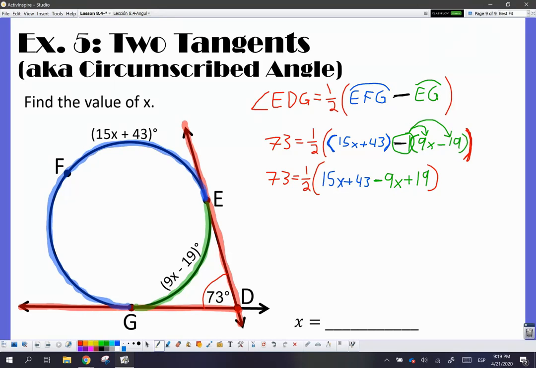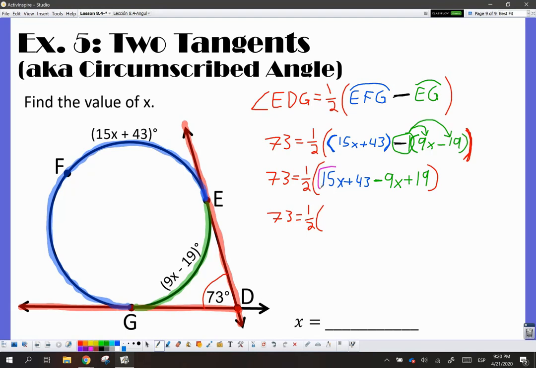Here are several routes that you can take, but I'm going to start by combining these like terms so that my equation is a little bit shorter, simpler to resolve. So I have 73 equals 1/2. I don't do anything with that yet. Now inside the parentheses, I'm going to start by combining my like terms.